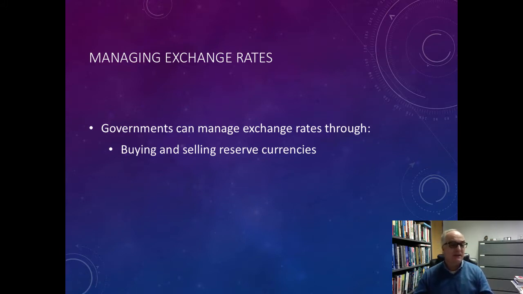But on the flip side, if you're using your reserve currencies to buy back your own currency, then that's taking your own currency off the markets, like a stock buyback, and limits the supply of your currency and therefore increases the value. So governments can have a marginal, very small influence, usually through buying and selling reserve currencies, and that can happen in day-to-day markets a little bit.